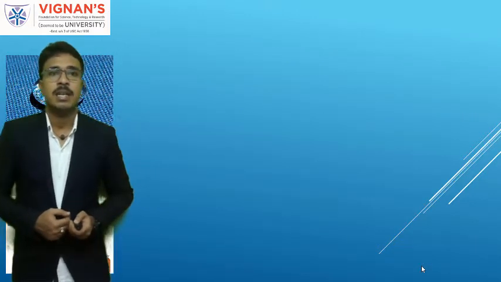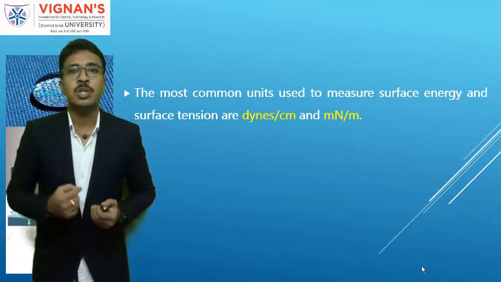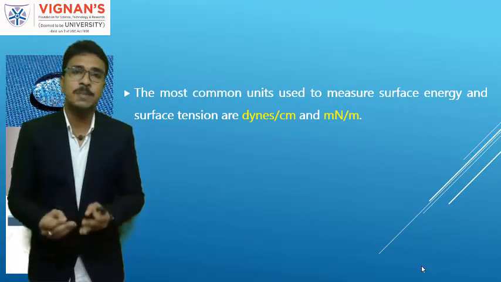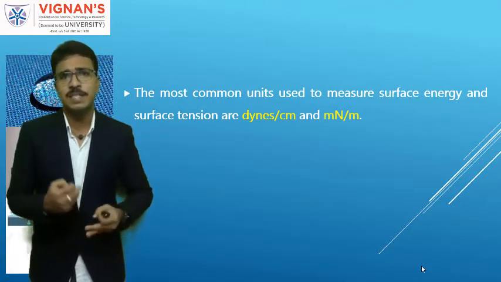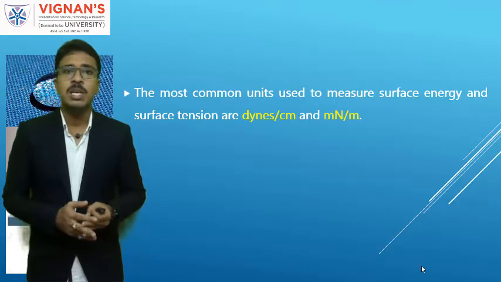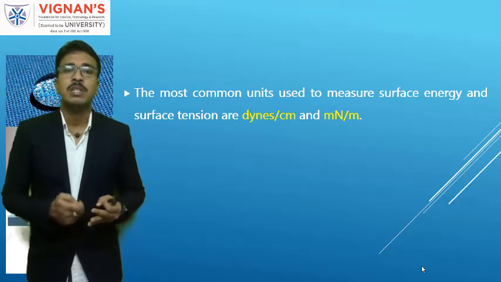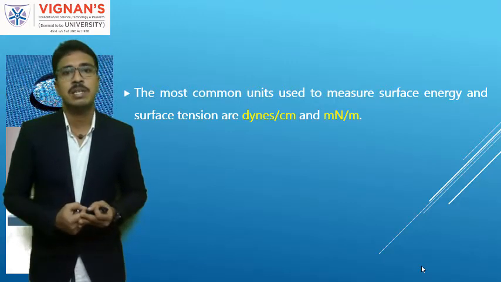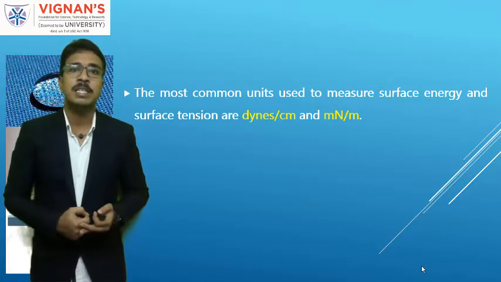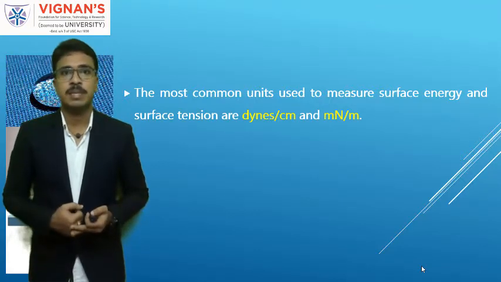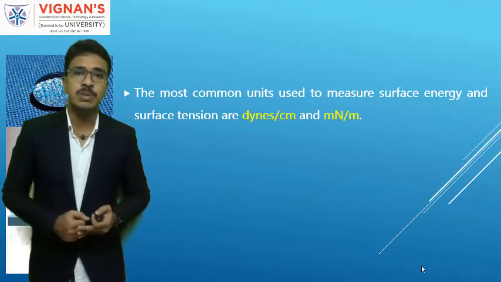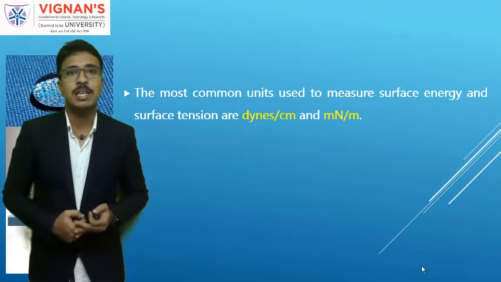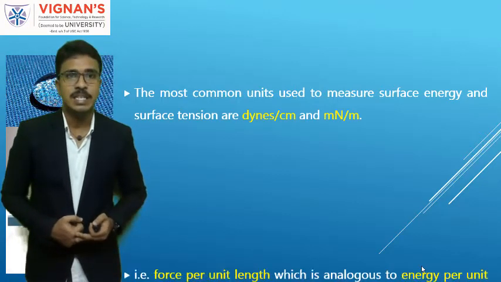Okay, now the most common units. In order to express surface energy or surface tension, the most common units used to measure these are dynes per centimeter and millinewton per meter. Any of the units we can use to express or measure the surface energy.